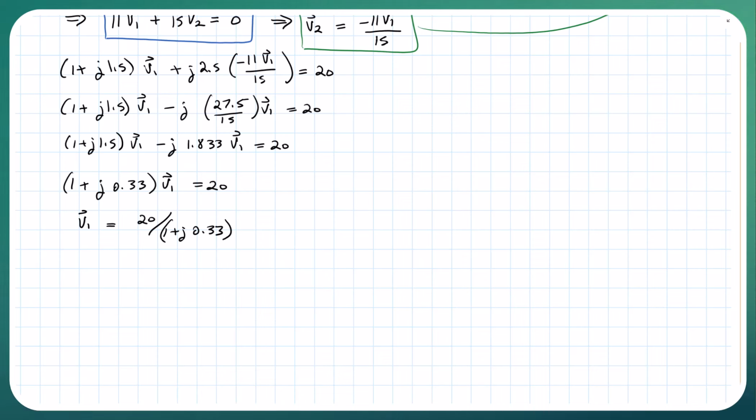Again, if you want to simplify this, we can multiply the numerator and denominator. Actually, I made a mistake here. This should be a negative here. This should be a negative.